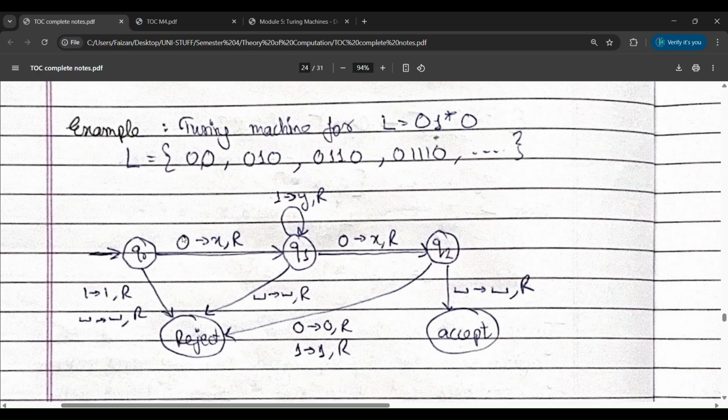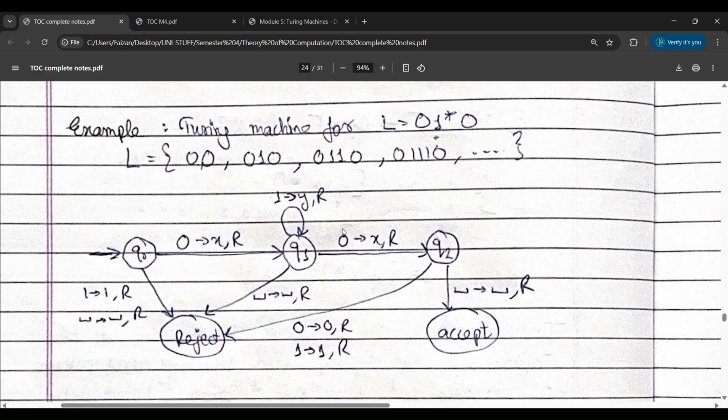So what this means is the input was 0, the 0 was edited or updated and changed to X, and you moved one step to the right on the tape. Now at Q1 you will encounter n number of ones. For 1, whenever we encounter 1, we replace the input symbol with Y and move one step to the right again. So we're moving from left to right. Every time we just move towards the right.